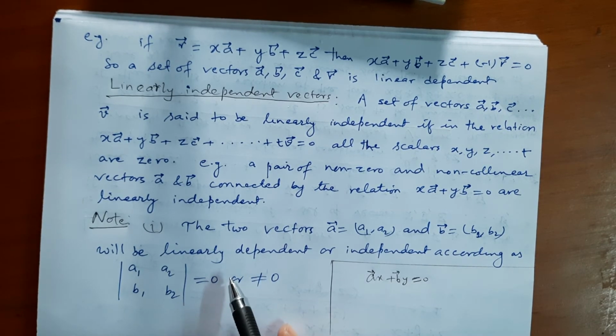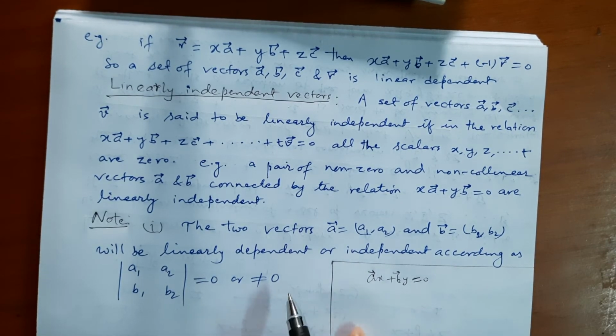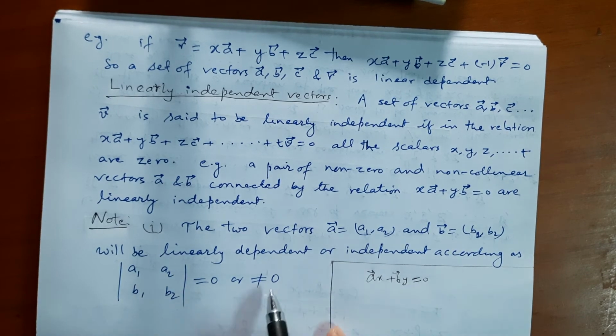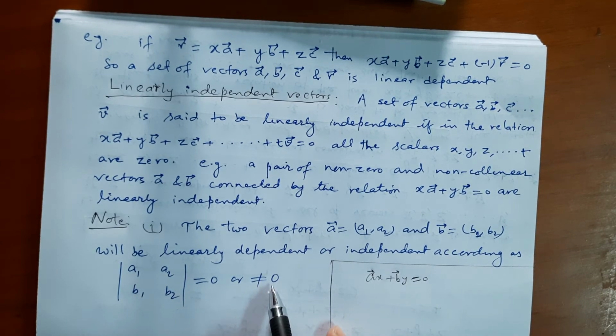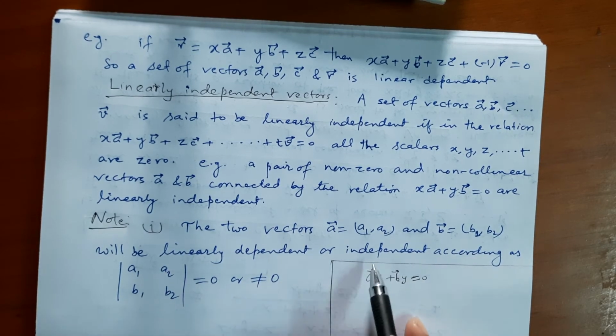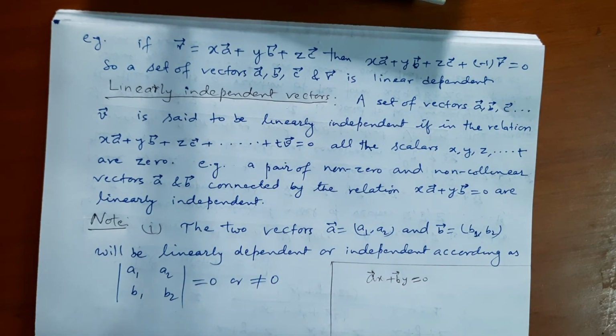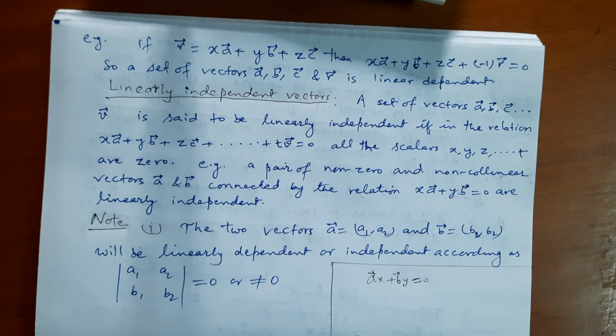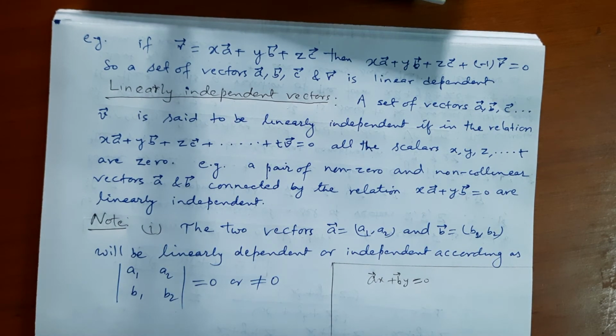So scalar non-zero means it is the same as our previous definition. And if the vector determinant is non-zero, then the scalars can be 0, so linearly independent. So this will give us the idea of the equivalence between two types of processes to show linearly dependent and independent.